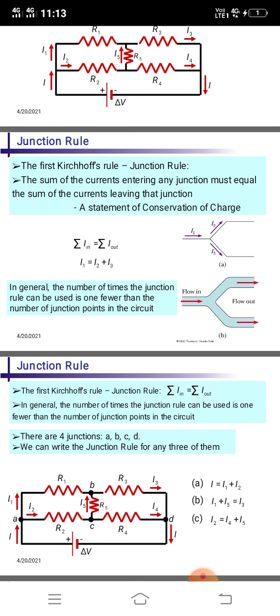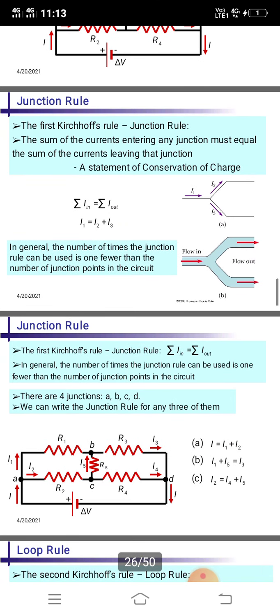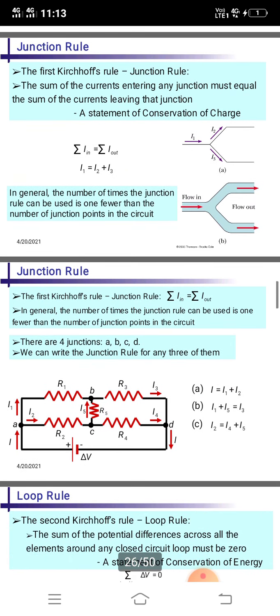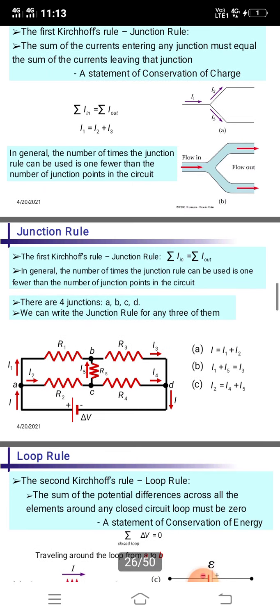The junction rule can be explained by one network diagram. This network diagram has one battery source delta V along with resistances R1, R2, R3, R4, R5 with junctions A, B, C, D. Here we have 5 resistances and 4 junctions.